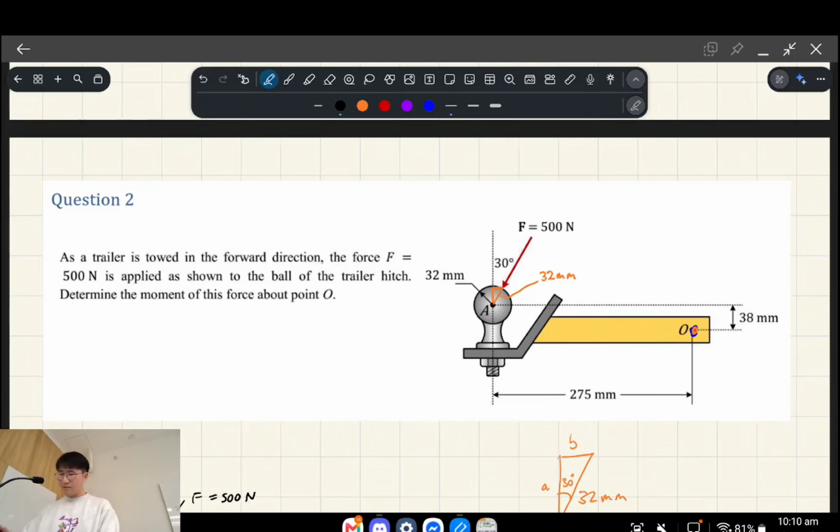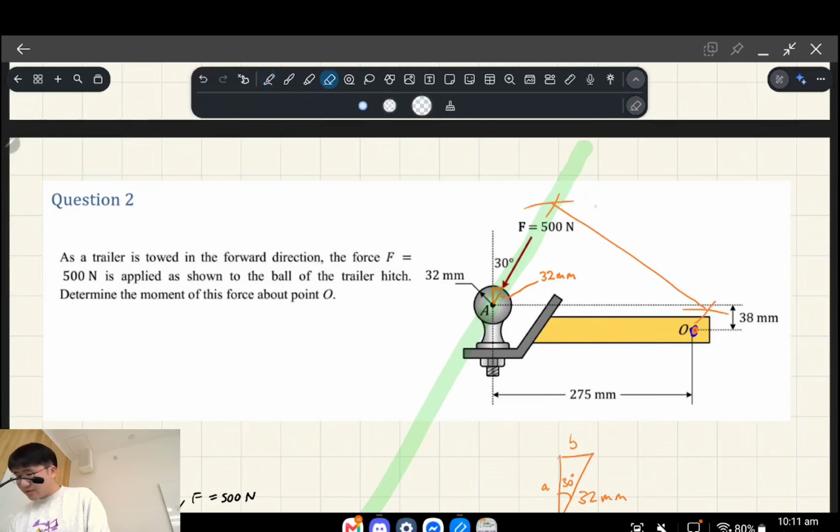So I'm going to split the force into the horizontal and vertical components first, and I'll explain why. If you consider the line of action of this force relative to O, you'll find the perpendicular distance looks something like this, and it's a pain to find the geometry. You probably could do it, but I wouldn't recommend it.